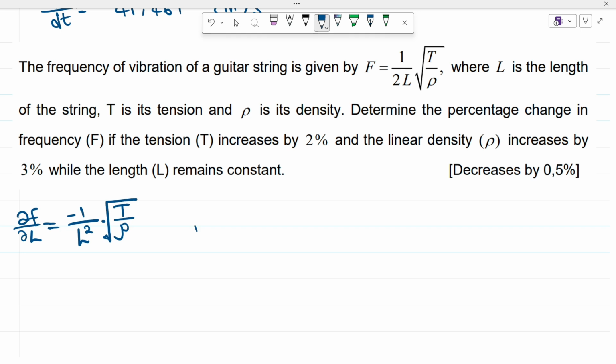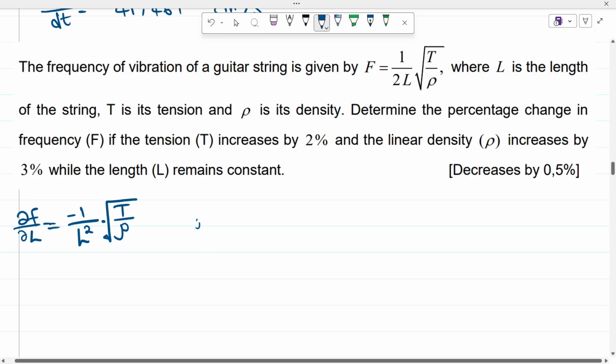And then now we can again differentiate our f. Let's differentiate partially with respect to T.